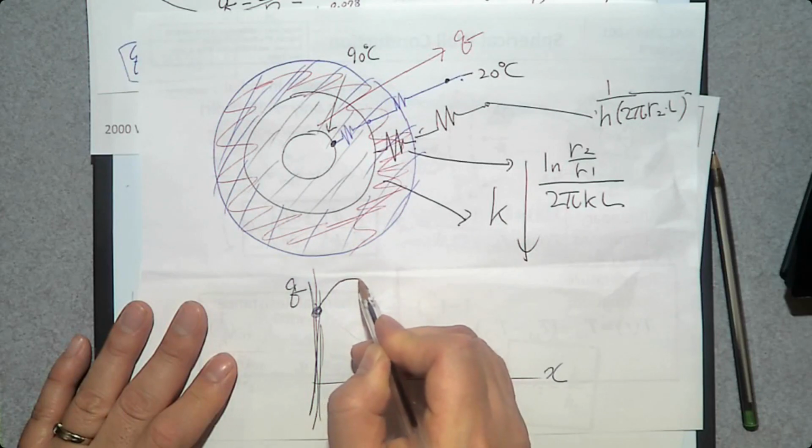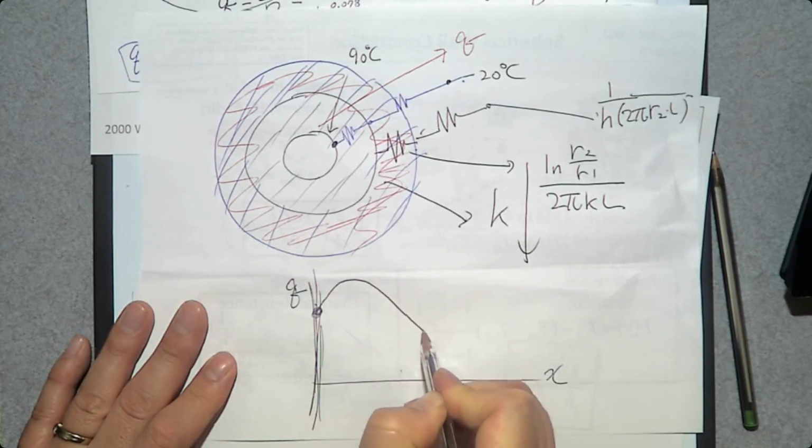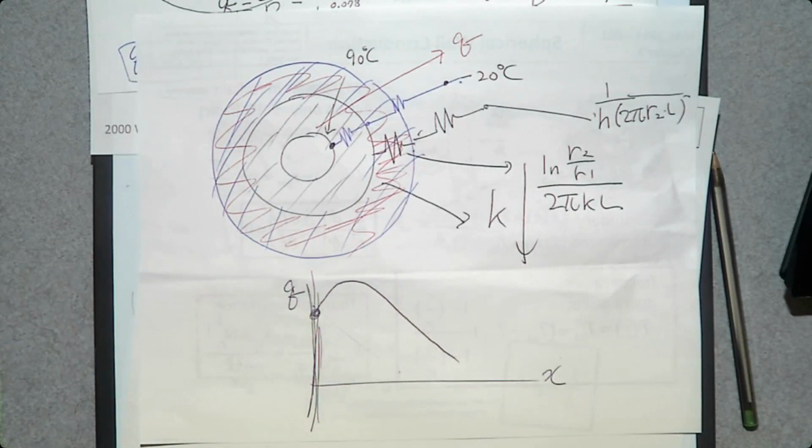And then now the insulation plays a role, so the conduction resistance dramatically increases. This is what happens. So when you add very thin insulation, you are actually increasing the rate of heat transfer. So you need to add enough to decrease the rate of heat transfer.